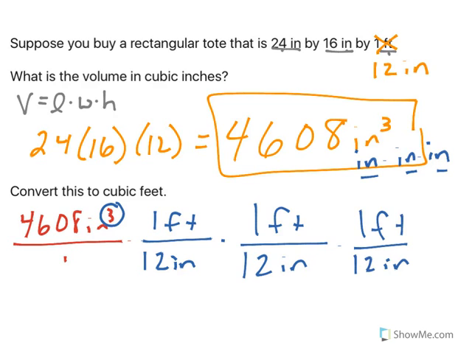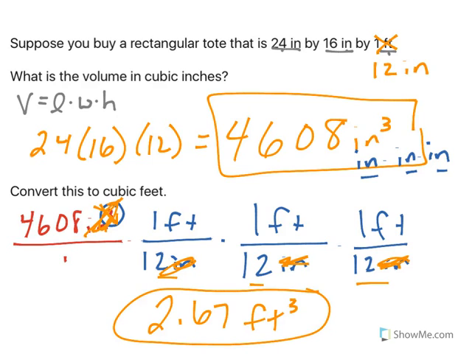Now you can't think of this as 12 cubed and just cube it, but sometimes it's easier for people to kind of count it up. So then I think about 1 inch, 2 inch, 3 inch gone, because you need 3 inches down here to combat the inches cubed up here. And because all of these are in the denominator, you divide 4608 divided by 12, divided by 12, divided by 12, and you end up with 2.67 cubic feet.